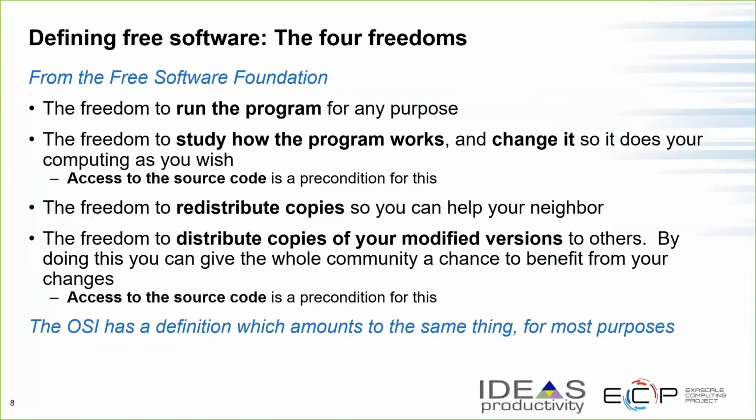And notice that the second and fourth of these requires access to the source code to be able to exercise this freedom. Okay, this is the Free Software Foundation's basic definition of free software.